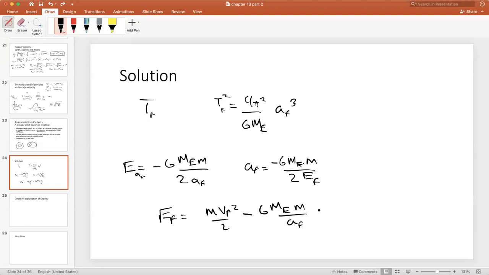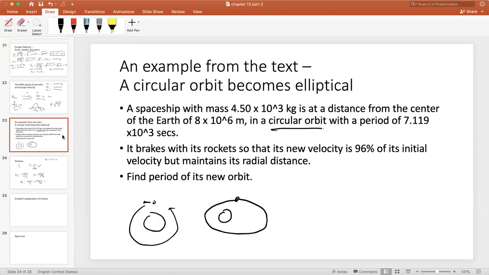So here, all right, I need to find my V final. But V final, remember, was 0.96 of V initial. And V initial, if we come back to here, we don't know what V initial is, but it turns out we do.